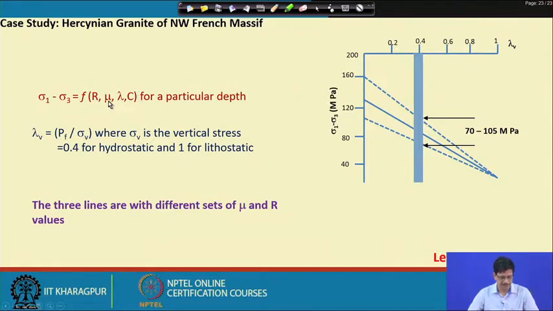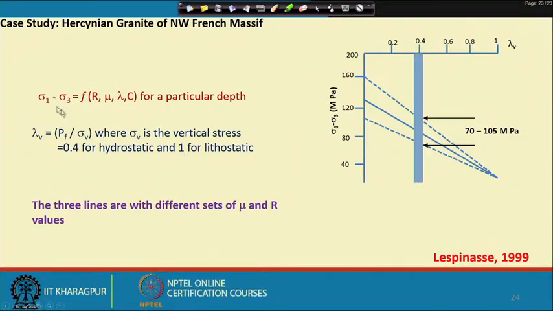This mu is the static friction, and lambda is kind of an effective stress, which is essentially the pore fluid pressure divided by the vertical stress, which takes on a value of 0.4 if the stress is hydrostatic, and it becomes 1 if it's lithostatic.